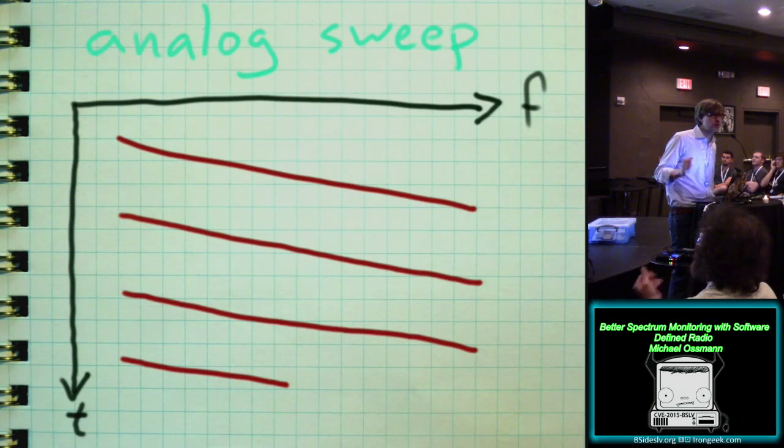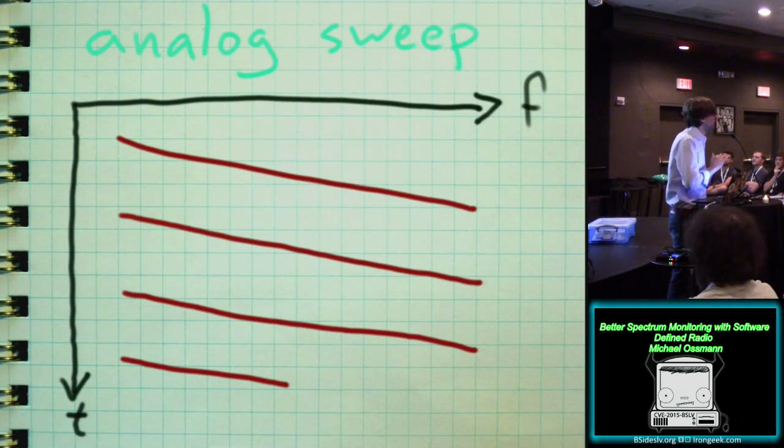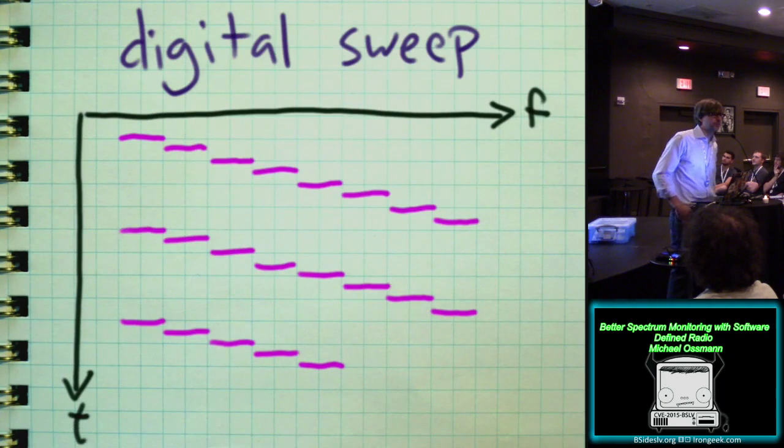But sweeping with these smooth analog curves or lines is not the only way. You can also sweep in steps, or do digital sweeping. You can measure a range of frequencies, usually a pretty narrow range, and then step to the next range of frequencies, and then step to the next.